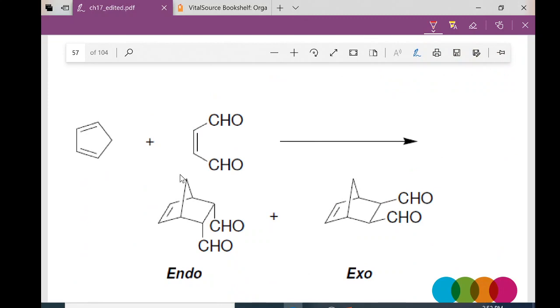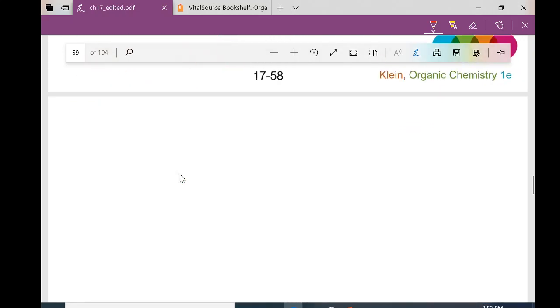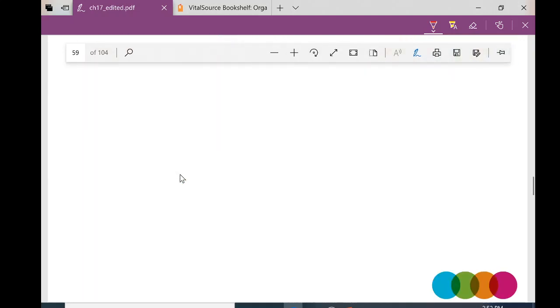So what are we going to have here? If we draw this product, we're going to have both possibilities, endo and exo. Okay, and so we're going to see that endo is actually the preferred isomer. So let's see if we can work some problems with that.